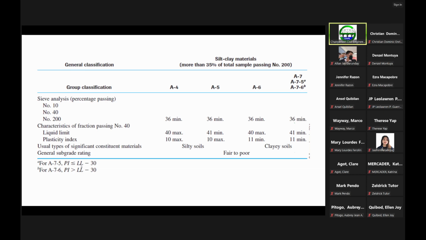If you have that criteria, then that's A-7-5. If the PI is greater than the liquid limit minus 30, then that's considered as A-7-6 for the AASHTO soil classification.